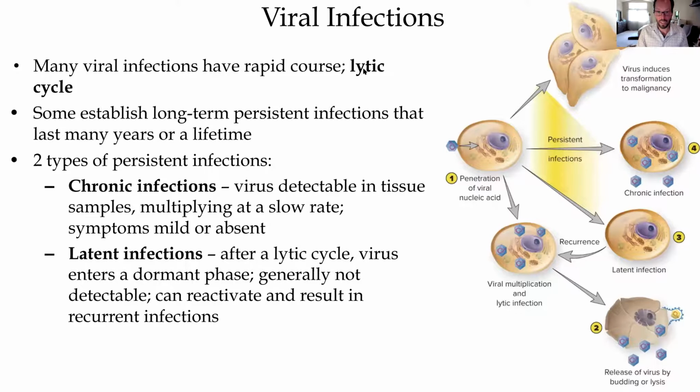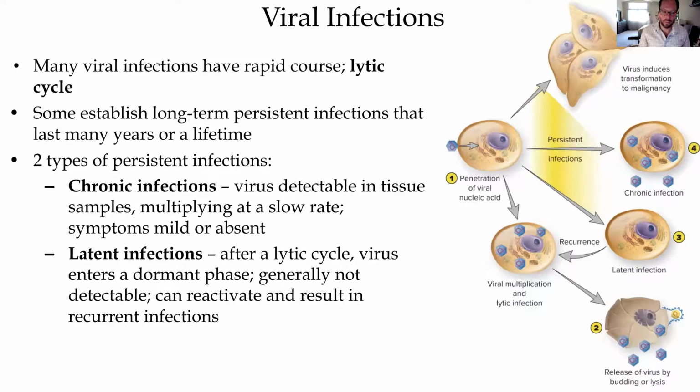Viruses can be lytic in nature. And that's going to be a very quick course of infection, if it's in the lytic cycle, where it's breaking open the cell and releasing itself. Some, however, can be latent infection, where they don't release themselves and then shed into your gut or out of your respiratory tract.